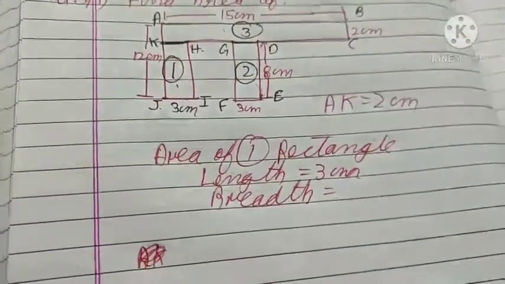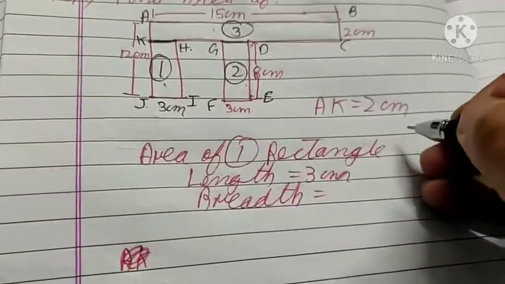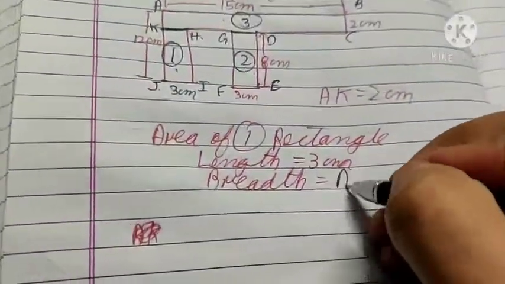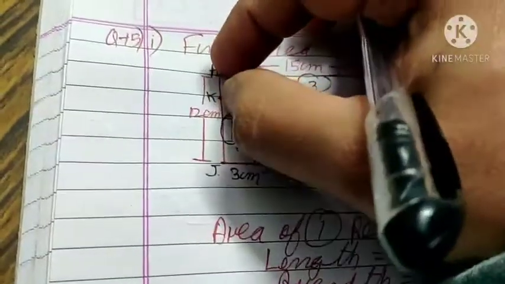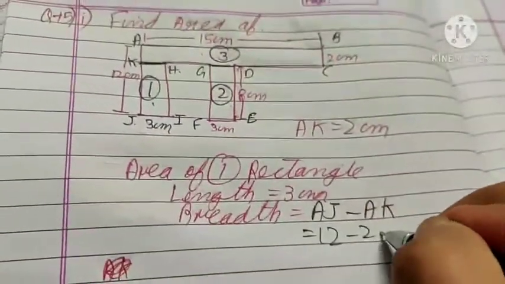AK is given here as 2 centimeters. Okay, so this AJ is whole 12 minus AK. This complete minus this small part. This complete is 12 minus 2.